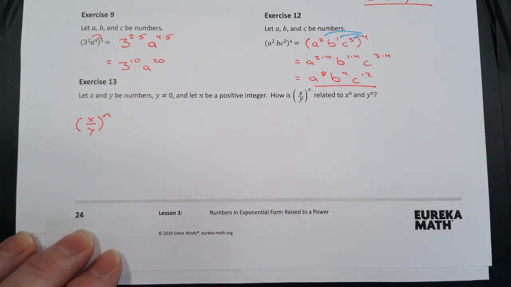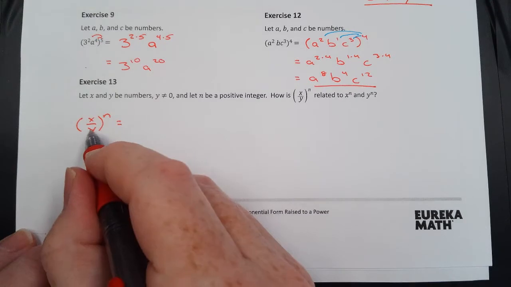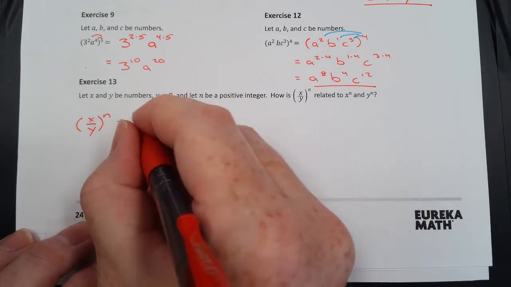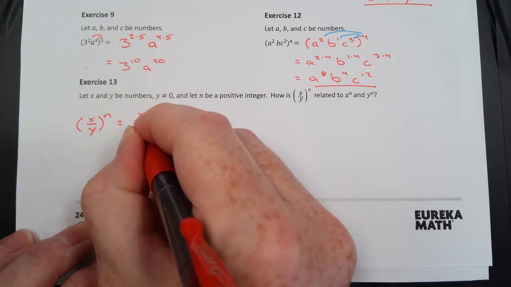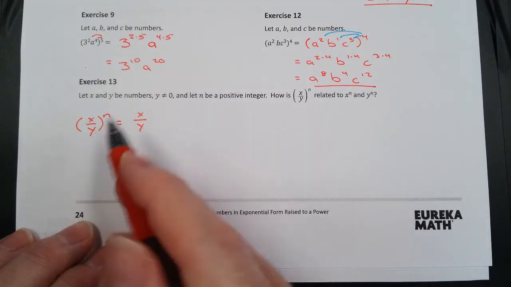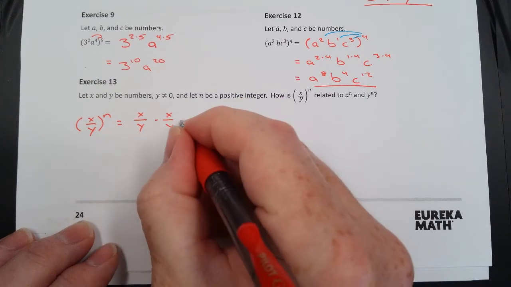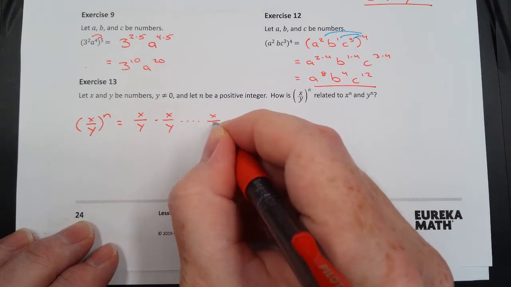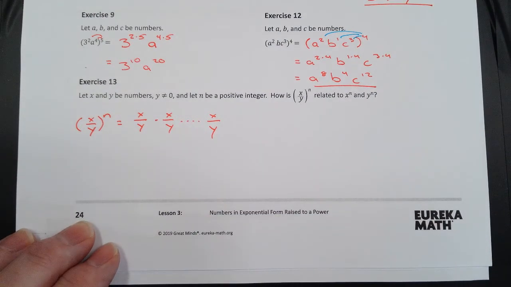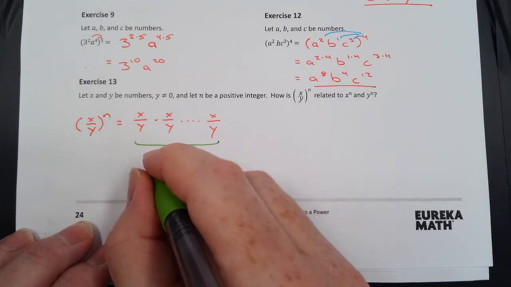So the base is x over y. In an exponent, the base is repeated. So we do x over y times x over y, and we keep doing that over and over again, x over y. How many times? n times.